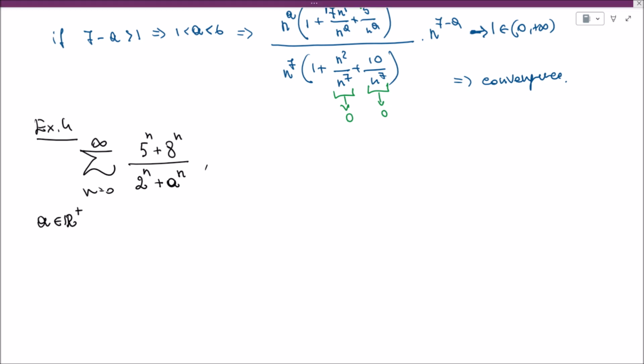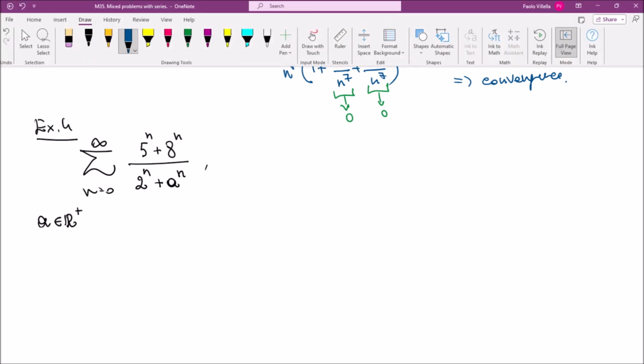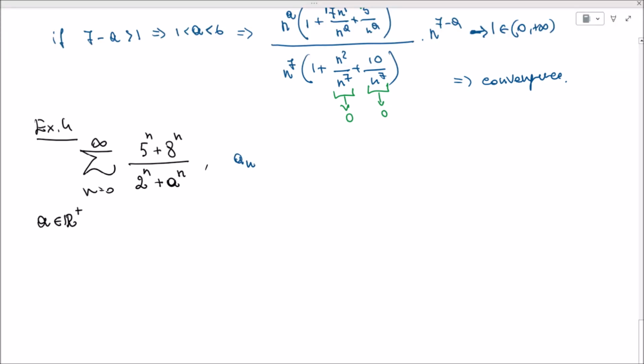Now, by the first look of it, we can say something. We can say certainly that an, which is the sequence, will be larger than or equal to 0, and not only this, we can also say something more. We can say that this is convergent for a larger than 8. Now let's prove this fact.